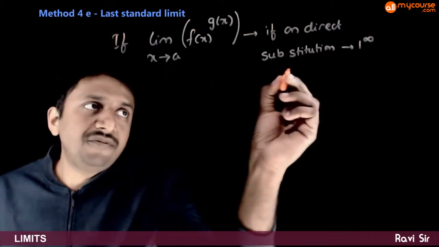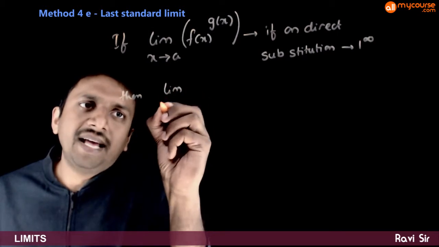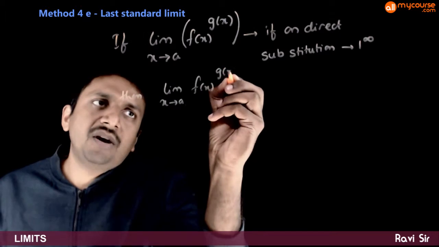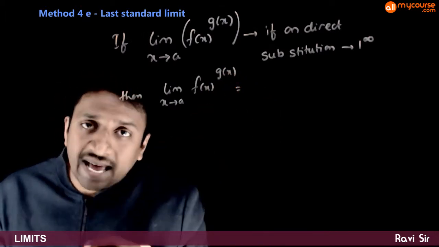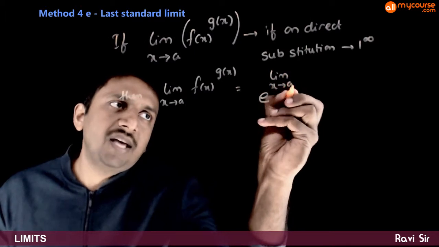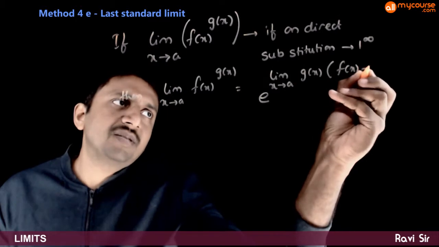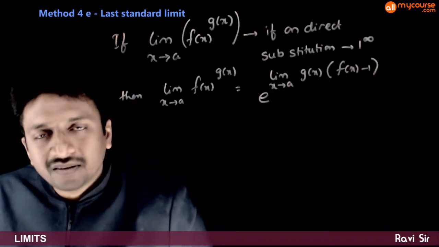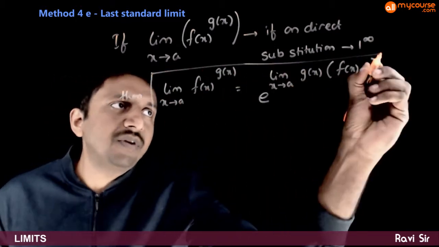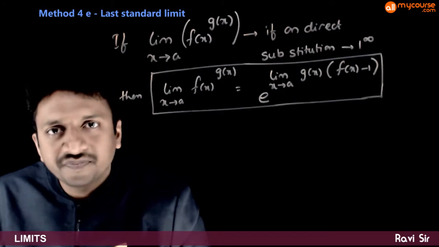Then limit x tends to a, f(x) power g(x) can be written as e power limit x tends to a, g(x) times (f(x) minus 1). So this is a very important simplification that might be useful in some of the questions.